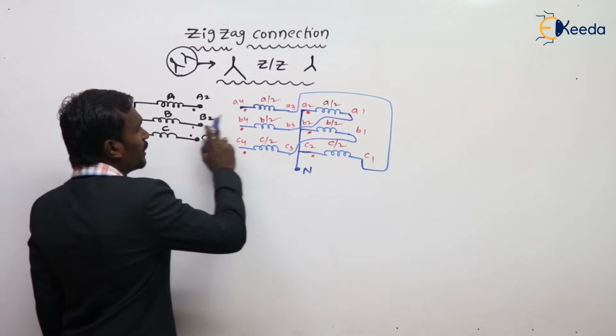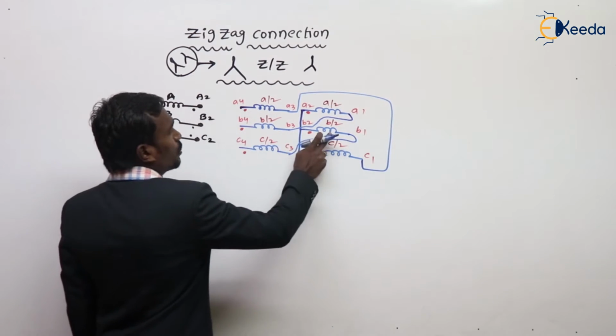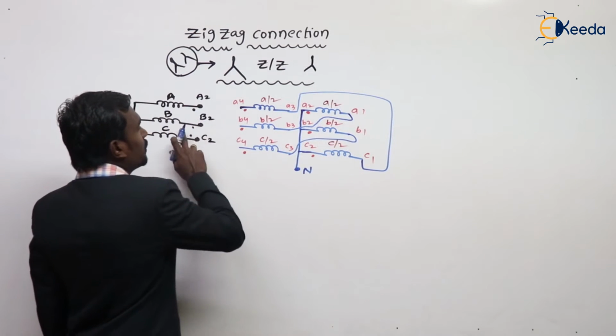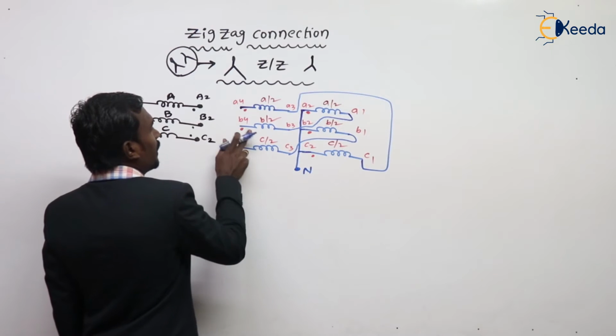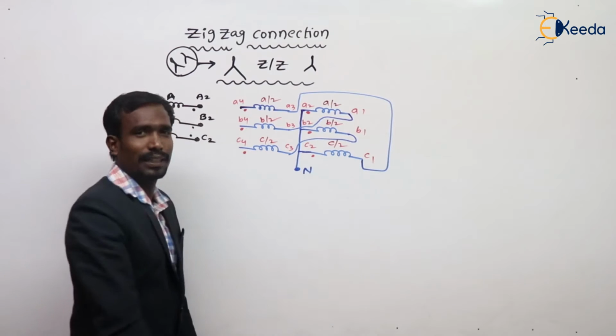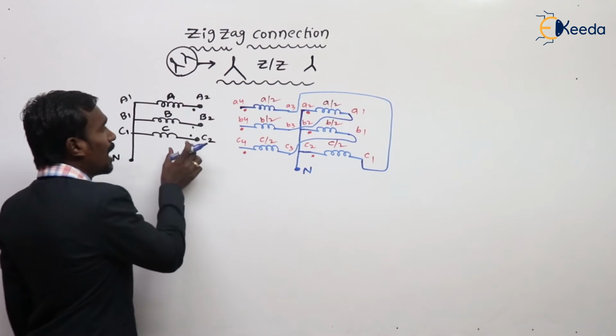Now see, these two are in subtractive polarity. These two are in additive polarity. These two are in subtractive polarity.